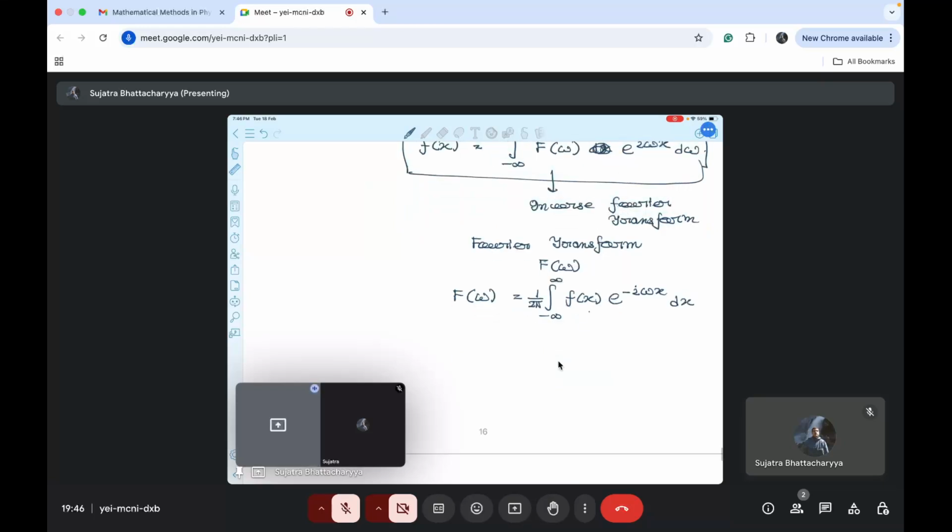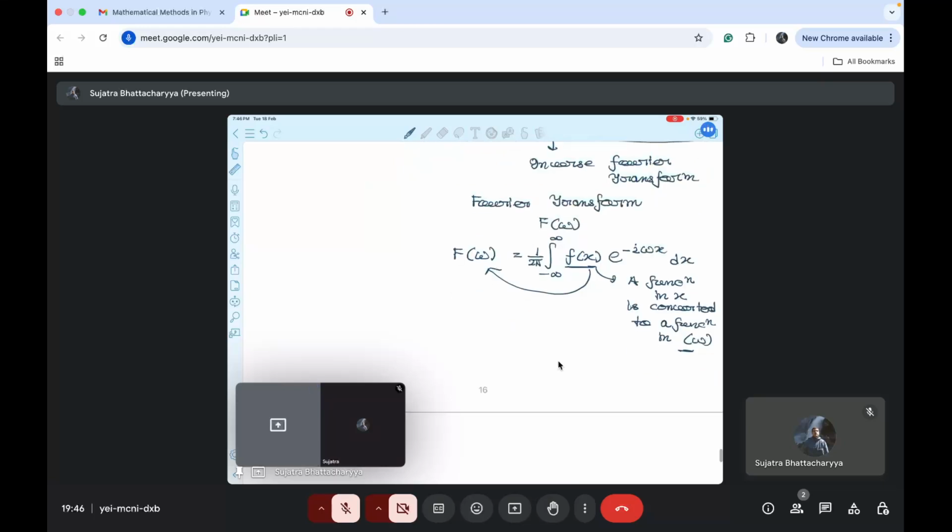You can see a function in x is converted to a function in omega. This is the powerful Fourier transform. Space or time is being converted to your wave number or frequency domain. This is what the Fourier transform is.